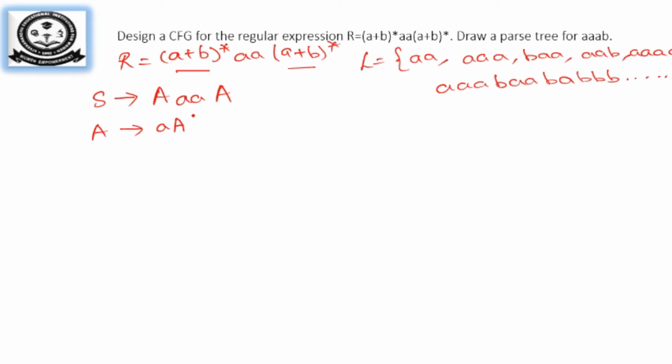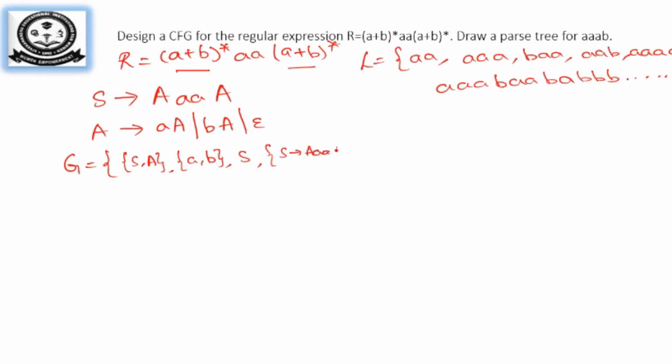If you want b alone, you will write bA, and it can be empty. So my context-free grammar G is going to be: my non-terminals are S and A, my start symbol is S, and my productions are S tends to aA, and A tends to aA, bA, or epsilon.